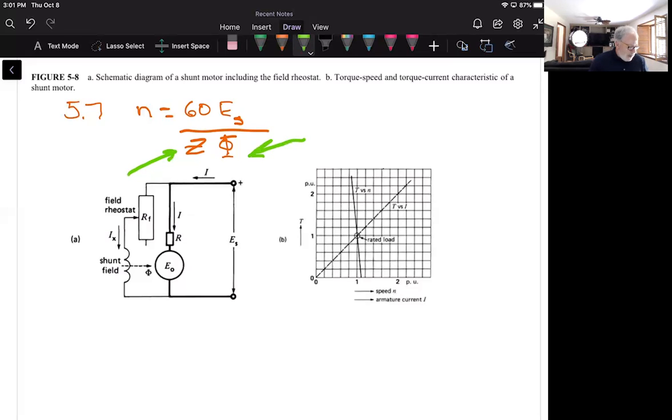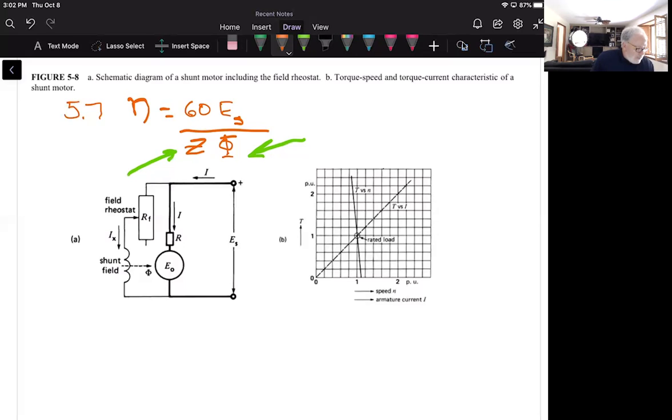So motor speed changes in inverse proportion, according to this equation, to the size of the magnetic field. So if you increase the flux, if this number goes up, then the speed is going to go down. If this goes down, the speed will go up. That's what we're looking at here with this equation, and how we're going to manipulate things so that we can take advantage of it.